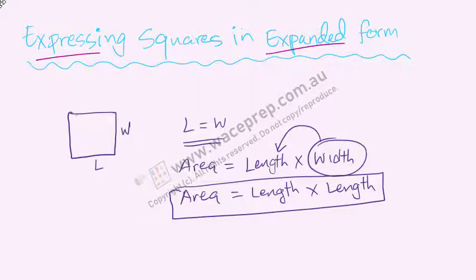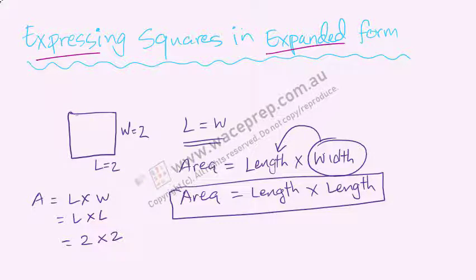If the length was 2 and width had to be also 2 because it's a square, then the area of the square, let's write it right under it, would be length times width, which is the same as length times length, which will be 2 times 2, because 2 is our length and 2 is also our width.